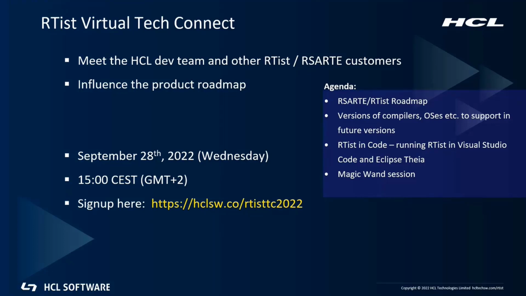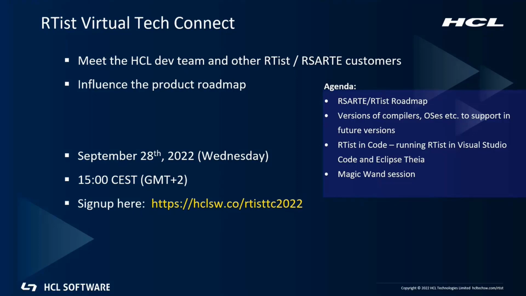The agenda for this Tech Connect is to get an overview of the roadmaps for RCRT and RTist. Like I said, we will also discuss the versions of compilers, operating systems, etc., that we should support in future versions of the product. Then we will also make a demo for the first time of something that we internally call RTist in Code. It's new technology where we aim at running RTist in other IDEs than Eclipse.